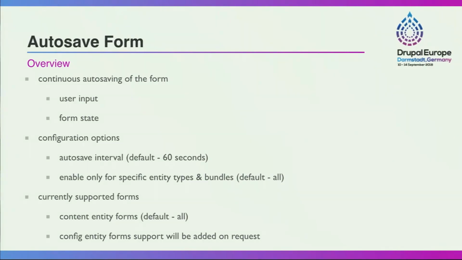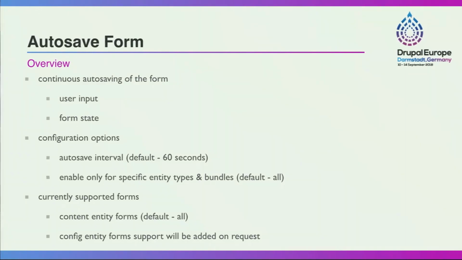The module works out of the box. There is no configuration needed, but there are some little configuration options. For example, the interval, how often autosave is triggered, autosave submissions. By default, it's set to 60 seconds. If you want to, you can set it to 30 seconds. It's not a big deal. It's enabled for all content entity types out of the box.